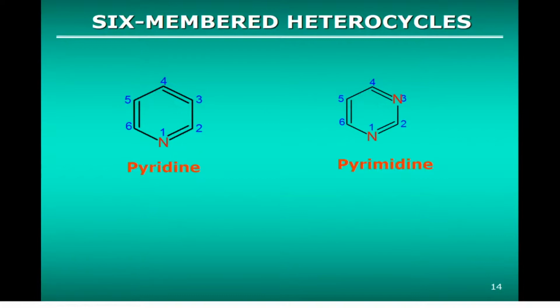Pyridine or pyridine, I heard both. So pyridine is a heterocyclic compound with one nitrogen. When we number, definitely we start numbering from this nitrogen, and then, as you see, we can move anti-clockwise depending on where the substituents are. And here it's also symmetrical, that's why it can be alpha, beta, and here also gamma position, the 4th one.